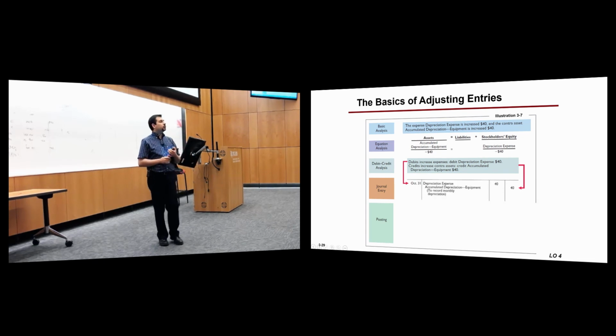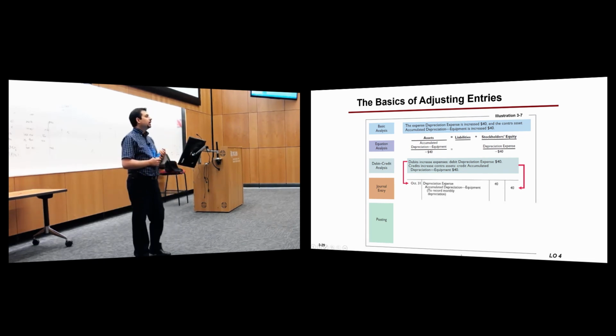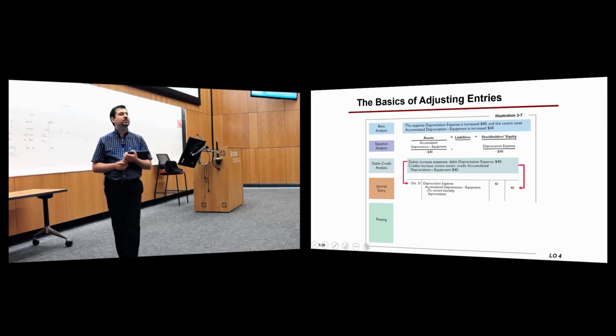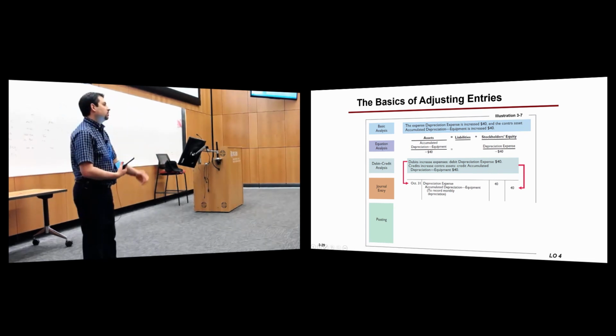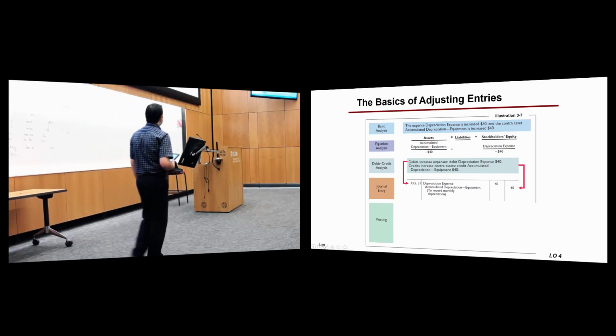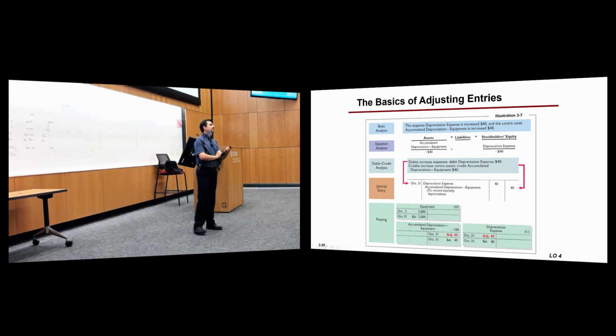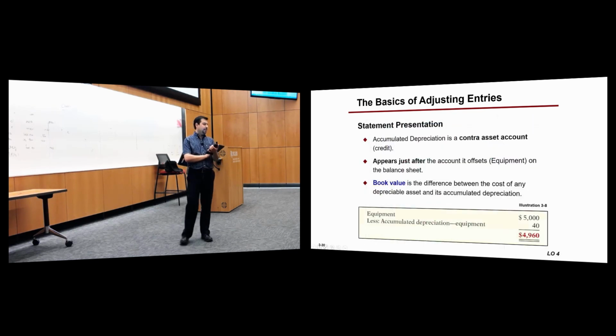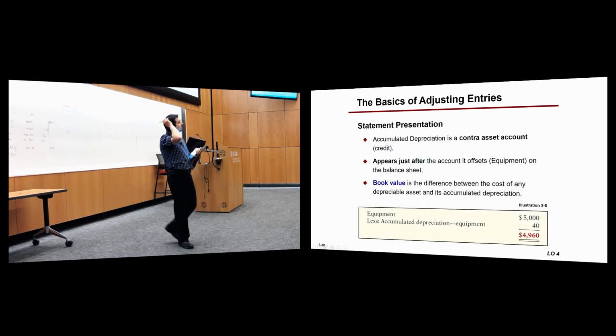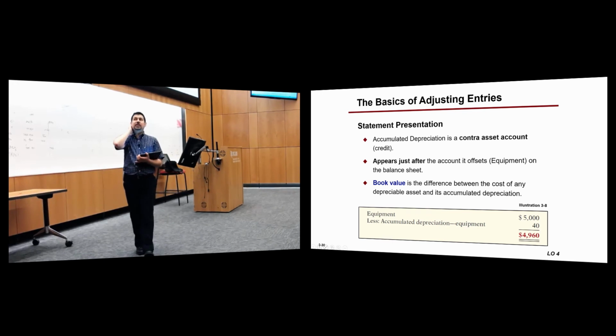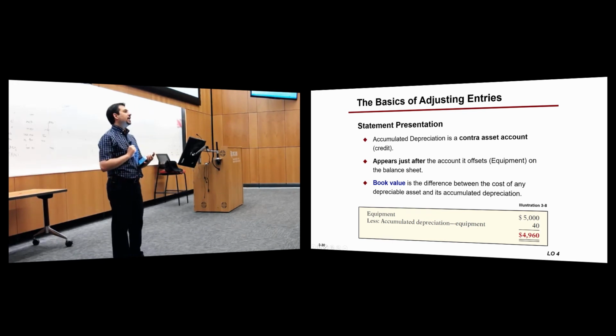Accumulated depreciation is a credit, a contra asset. As a result, it will decrease the assets. An increase in accumulated depreciation will decrease assets. This is why accumulated depreciation has a credit balance. Now this is how it looks on the statement: equipment less accumulated depreciation.